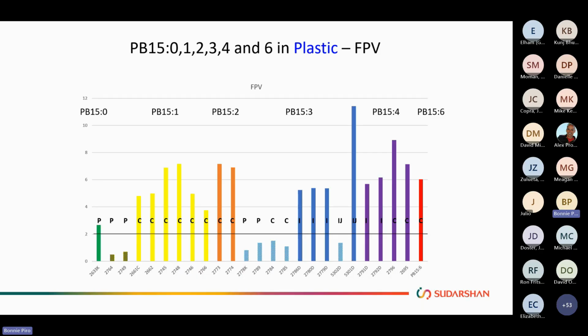So you can see all of the different modifications and the performance in this particular test method. In a lot of cases, there might be something outside of the application area that still fits the need. A good example is in the 15:3 space, where we see one inkjet product that actually does perform, and a couple of coatings products that perform quite well in this particular test method. So there are a lot of options there.